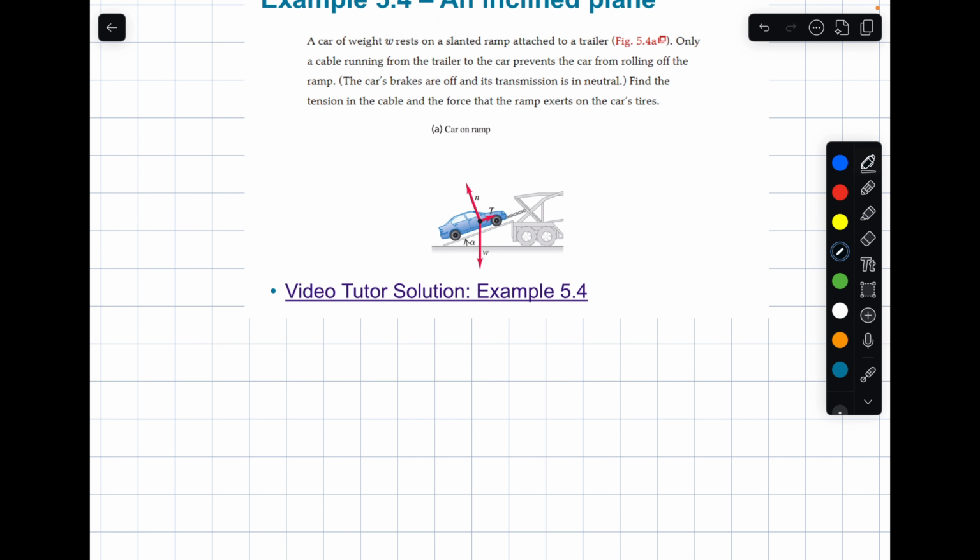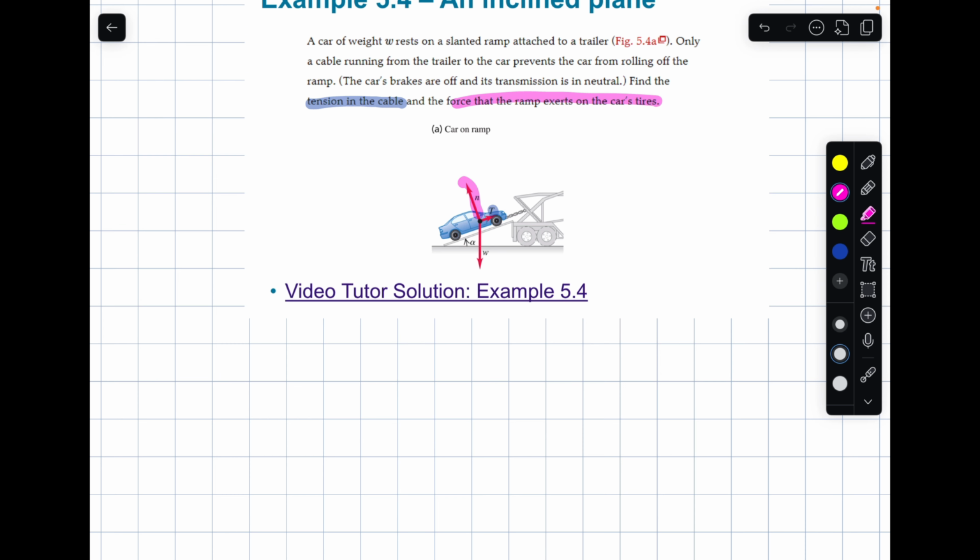So they've already drawn the free body diagram here, and they've drawn it on the car. So what are we looking for? So we have our forces identified. Let's see if any of those forces are the ones that are asked about in the question. Find the tension in the cable. Okay, so we're solving for T. And the force that the ramp exerts on the car's tires, that would be the normal force, right?